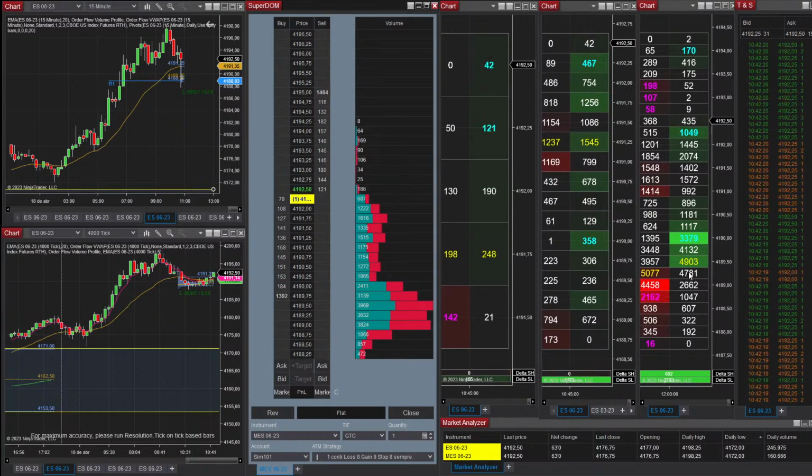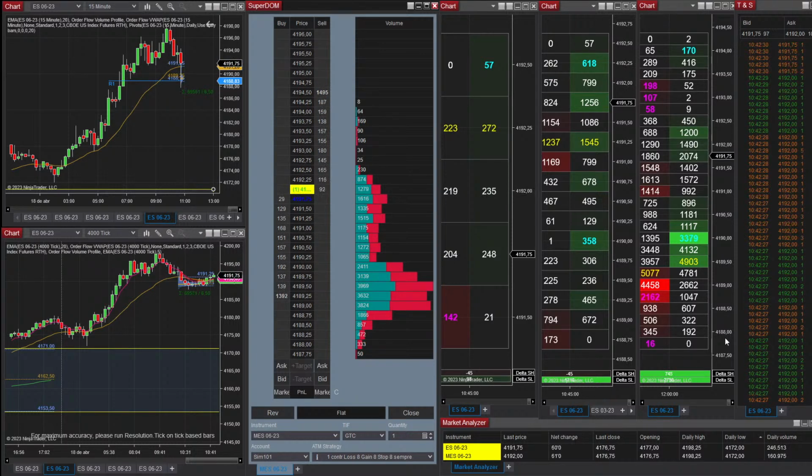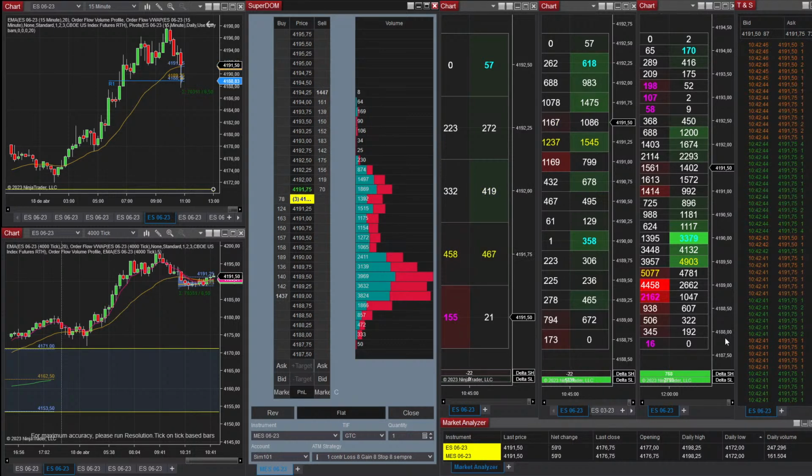So it's not been easy. Even in a bullish condition, we're seeing that the market is finding a lot of liquidity here. We're seeing sellers absorbing all the aggressiveness of buyers, and also trying to push downwards.